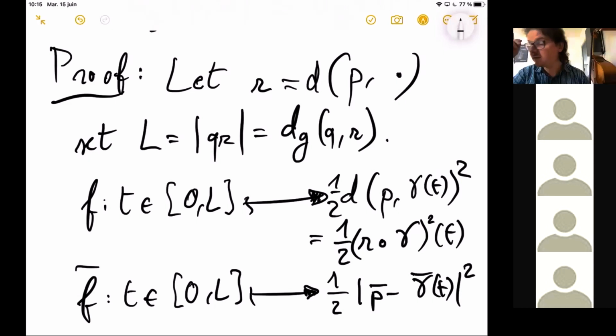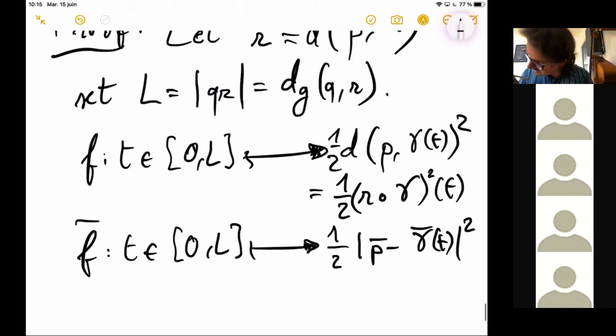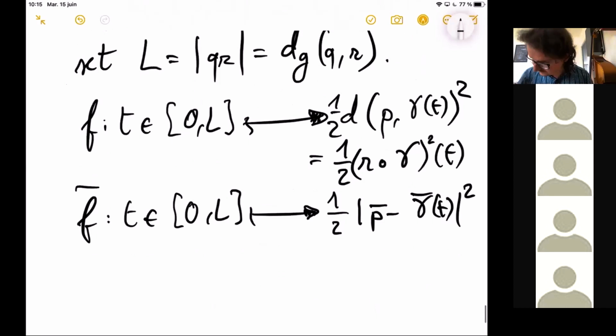So these are smooth functions of the t variable, and they satisfy the following.